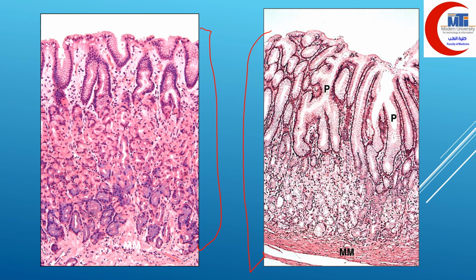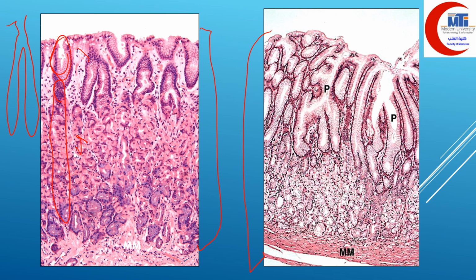Fundic gland is a simple branched gland with the pit occupying nearly a quarter, or 1/4, of the body of the gland. Can you see here the gastric pit in relation to the gland? Is it 1:1 or 1:4? It is 1:4. So this is fundic gland.